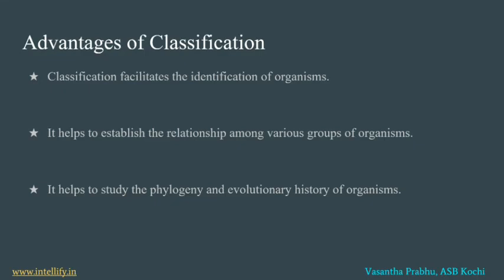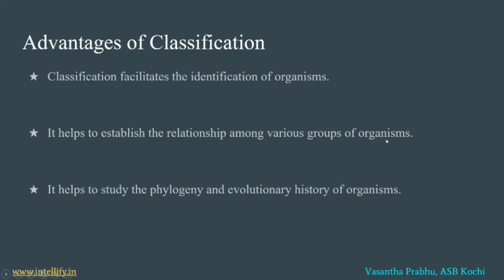And then finally, we have the advantages of classification. Classification facilitates the identification of organisms. So with classification, we can identify what organism it is and separate the groups. It helps to establish the relationship among various groups of organisms.